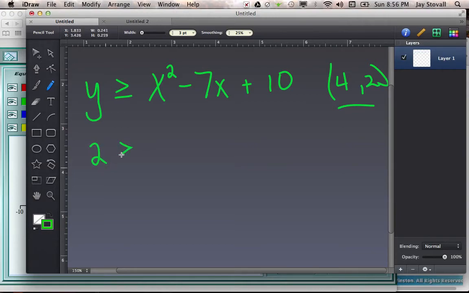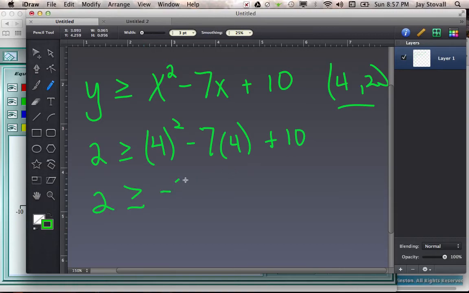Is it true that 2 is greater than or equal to 4 squared minus 7 times 4 plus 10? Well, that's going to give us 16 minus 28, so that's negative 12, plus 10, which gives us negative 2.